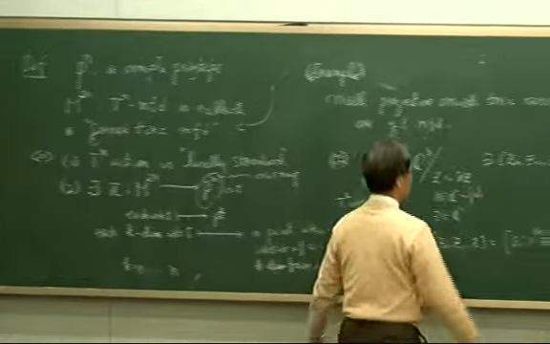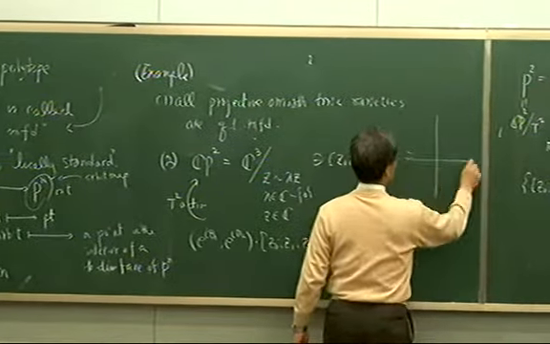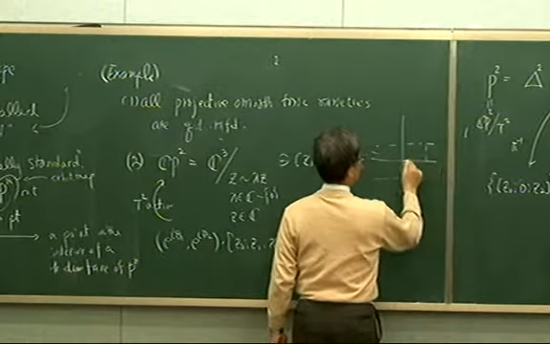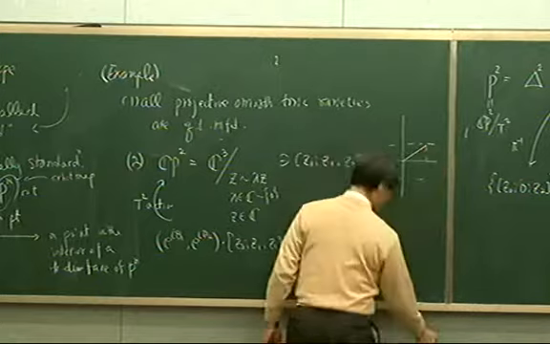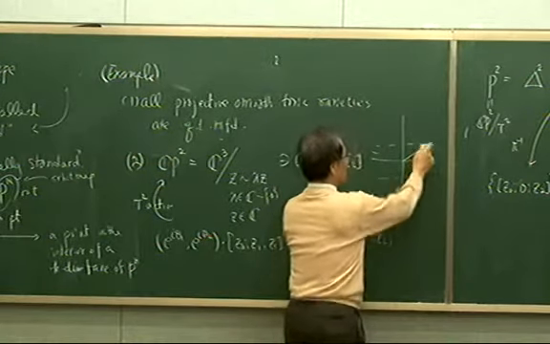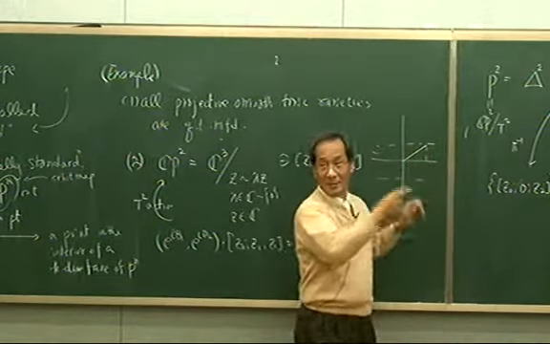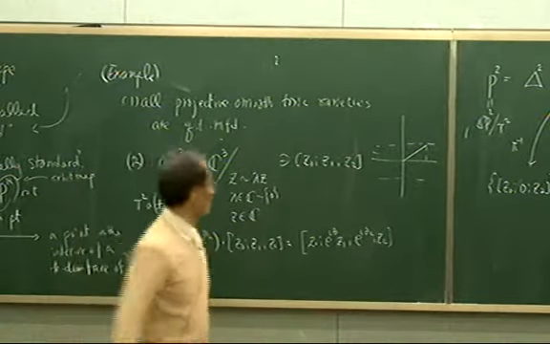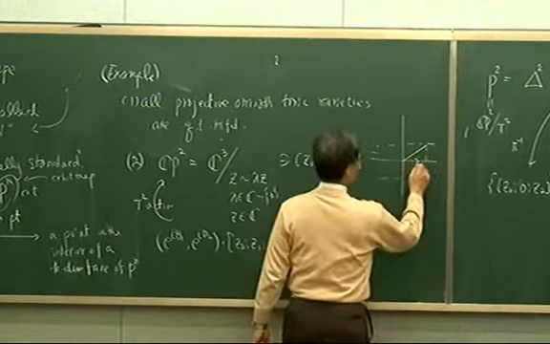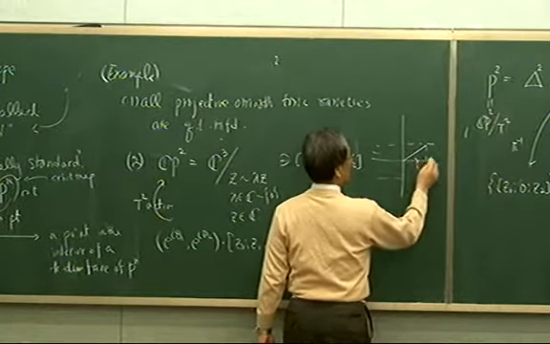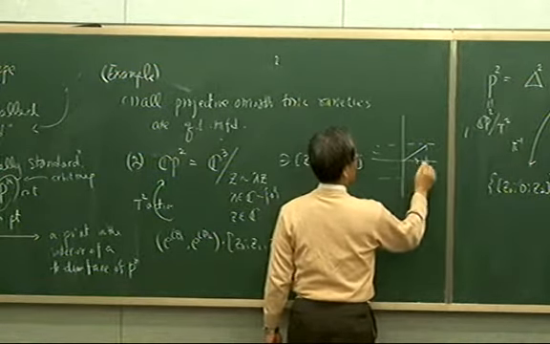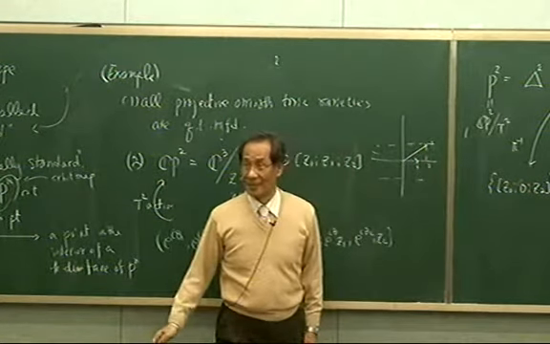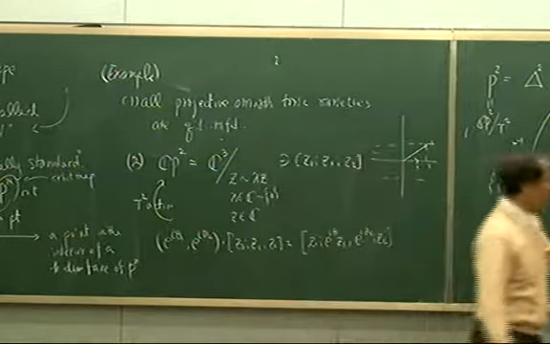In other words, you have all these lattice points, and if in the middle of this one there is no lattice point, then that's the primitive one. So 0, 1 is primitive. And 2, 1 is primitive, right? So that's a primitive vector.